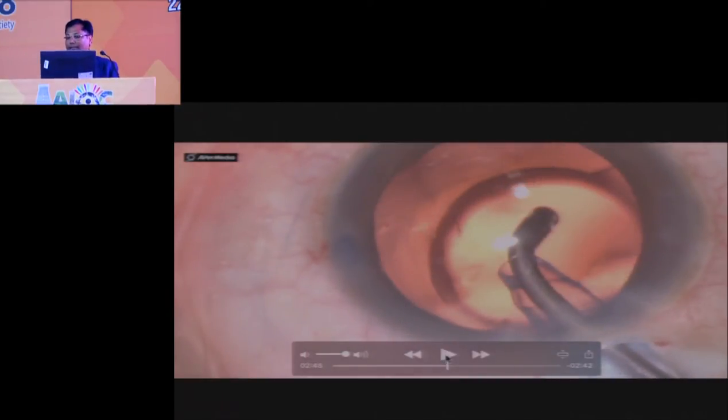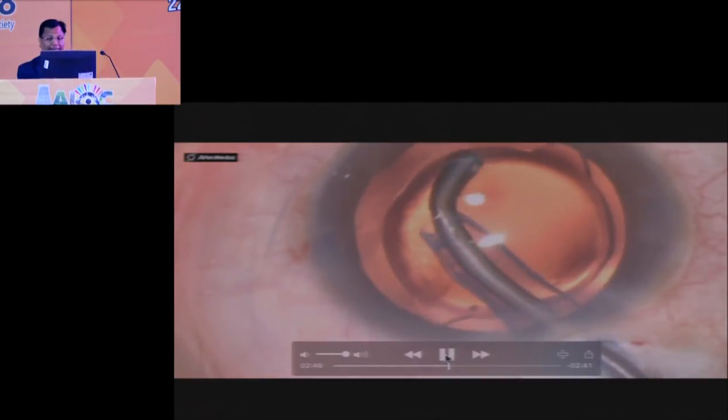Now this is another important step. Why all these things? Now we have put some viscoelastic, the chamber is full, deep. Now you need patience to remove all these viscoelastics, because if you are in a hurry or take a shortcut, some part may remain there. So you have to spend more time to remove the viscoelastic in the chamber behind the lens.